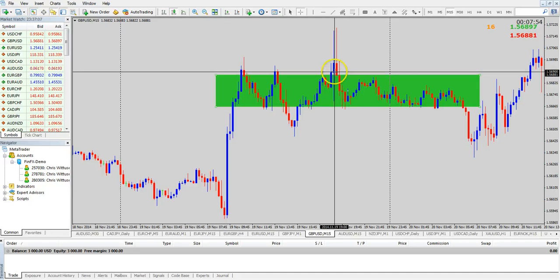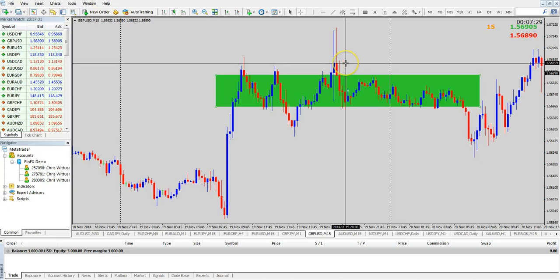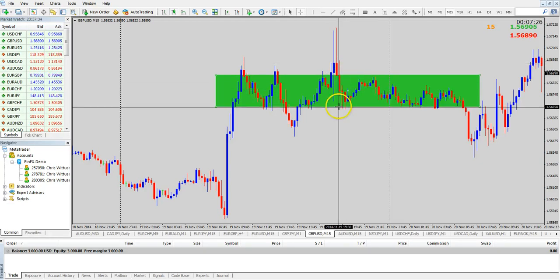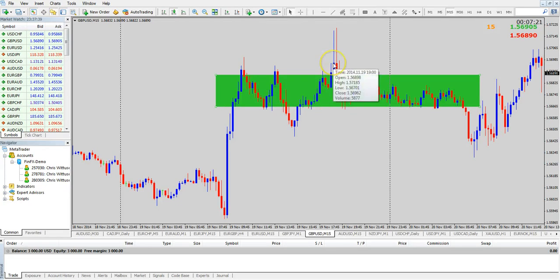It opened up here, pushed down here, but closed, and then pushed here and closed here. You wait for the close of that confirmation candle, or enter at the close of that. If you see a move like this that goes into the box and then closes like this, you need to know that you should not enter on that, because this is a stop hunt for short stops and long stops. You would not have entered on that candle.